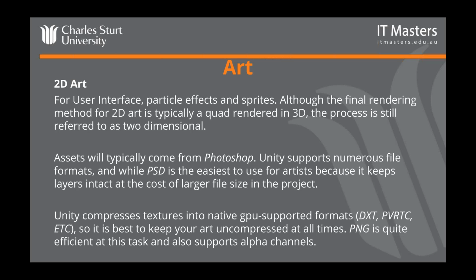ETC is actually for OpenGL, and there's also ETC2, which is pretty much the go-to format if you're using an Android device. So overall, I recommend you stick to PNG whenever possible, as it also supports alpha channels, which is quite important when you start doing game sprites, because you need that transparency to work.